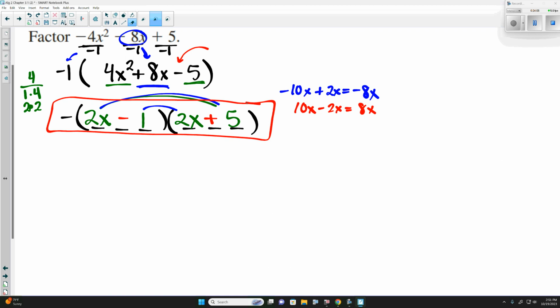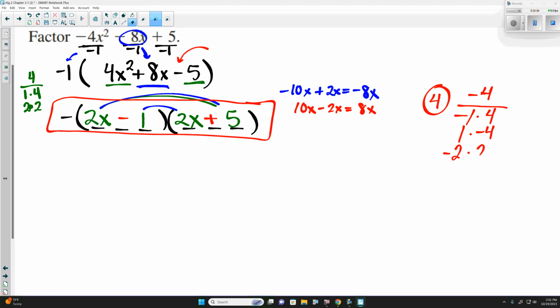And that's it there. We do need the negative sign because it is a part of the problem. It is our greatest common factor. But it does help us solving this here because if we had left it, it actually doesn't affect steps 1, 2, or 3. It mainly affects step number 4 because our negative 4 in front of the x squared, we have to find the factors of it, which would have been negative 1 times 4 or 1 times negative 4.